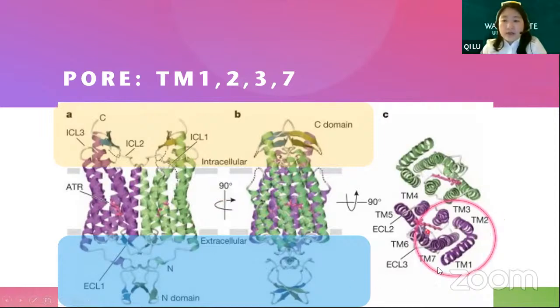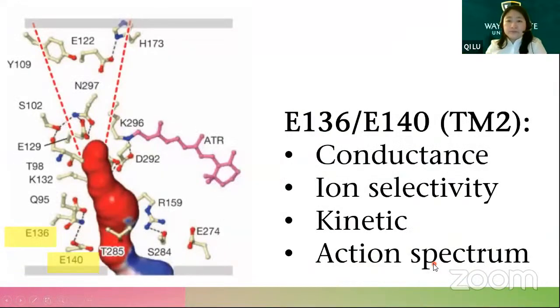And here it shows that the ion influx pore site is between transmembrane domains 1, 2, 3, and 7. And here it shows the ion flow pathway. The lower side is extracellular, and this is the intracellular.